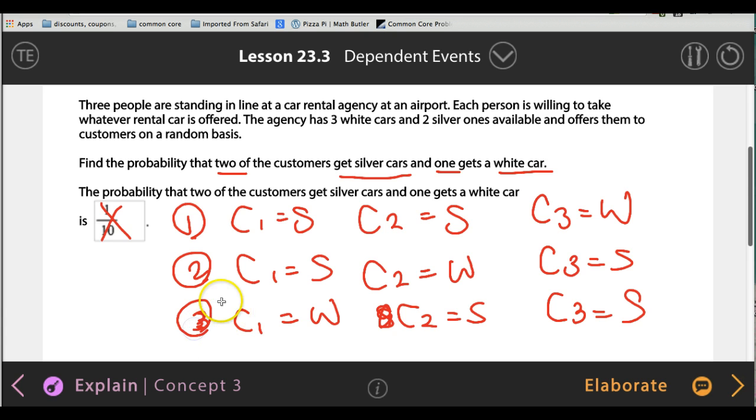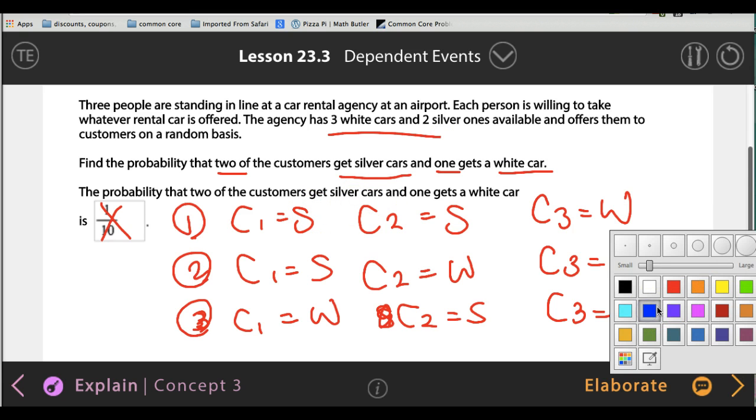Oh, did you hear me keep saying or? Okay, so when you keep saying or, that means everything. You gotta add everything together because they are mutually exclusive, right? So anyhow, let's think about this. Customer 1 getting a silver car. There are a total of 5 cars. So let me use a different color.